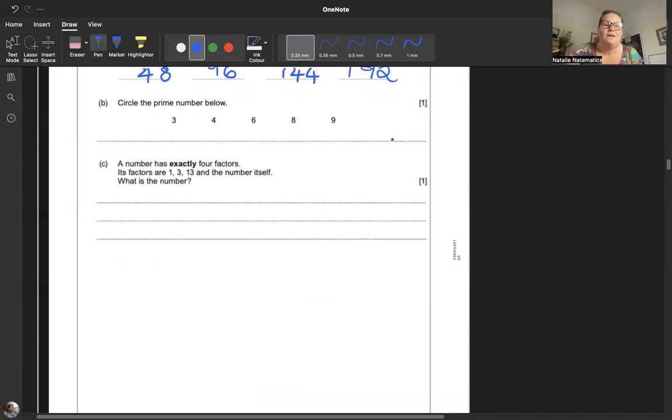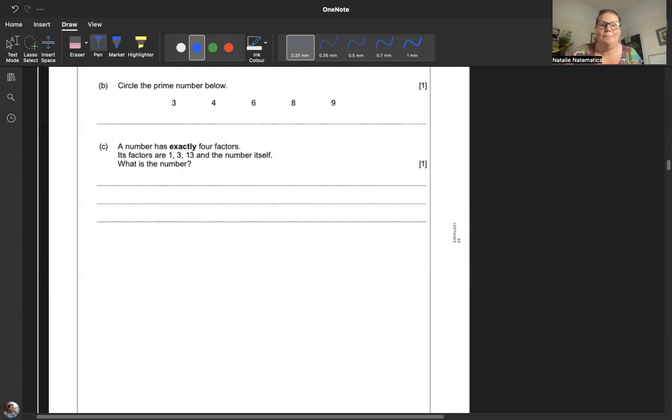Anyway, let's move on. So circle the prime number below. Prime number. It has 2 factors, 1 and itself. Those 2 factors must be different, okay? So for example, what are the factors of 4?